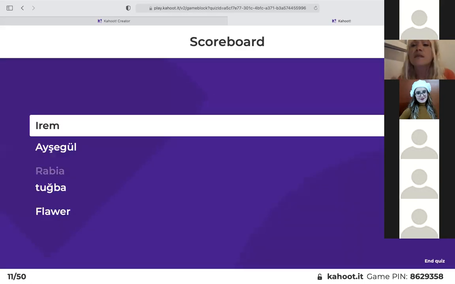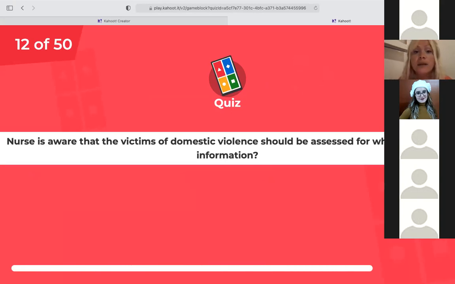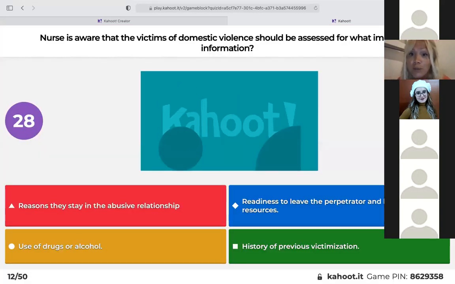The next question. The nurse is aware that a victim of domestic violence should be assessed for what important information?